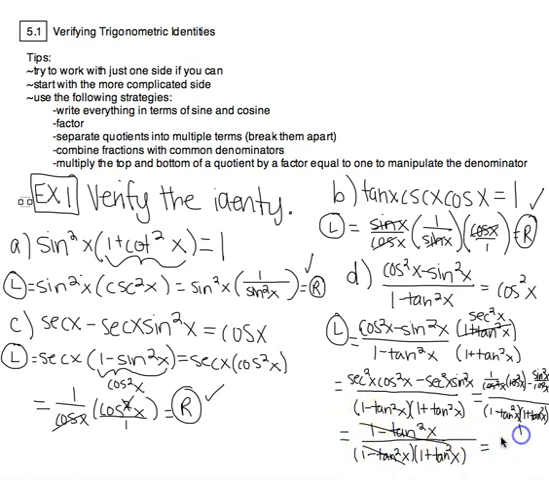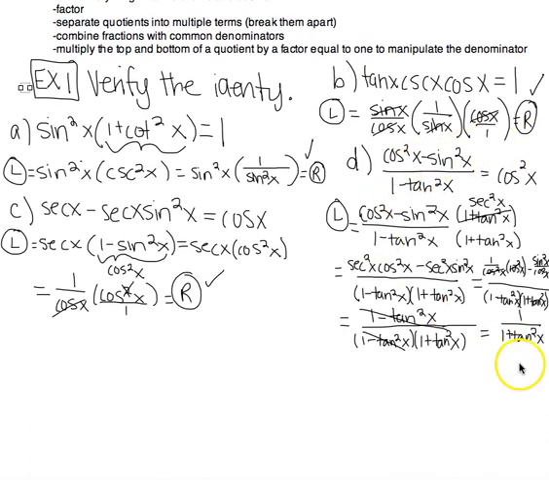So I have 1 over 1 plus tangent squared x, which is what I had hoped it would be in the beginning, because 1 plus tangent squared x is one of our identities, and that is equal to secant squared. So 1 over secant squared x is what I have next.